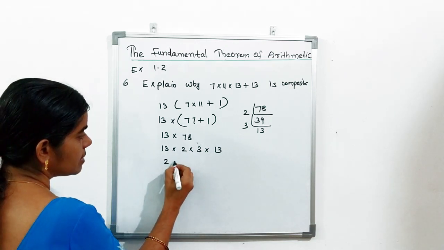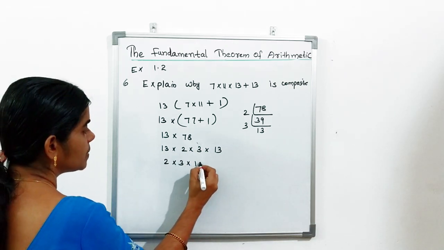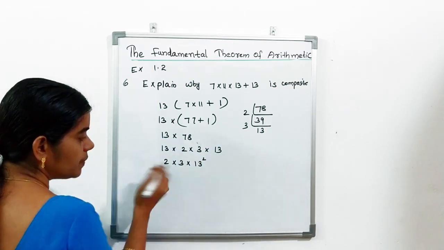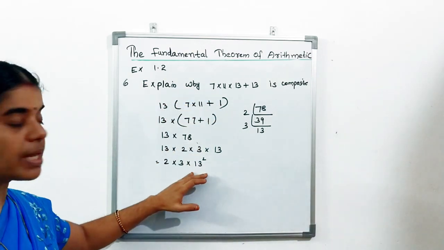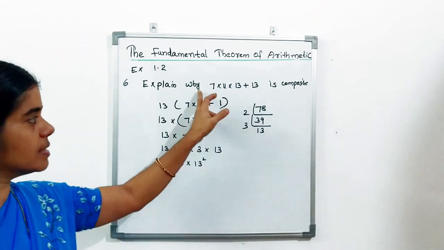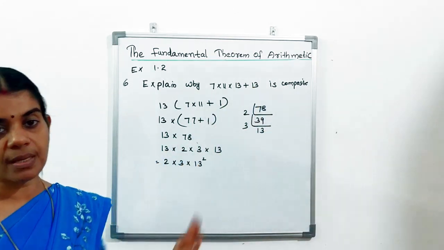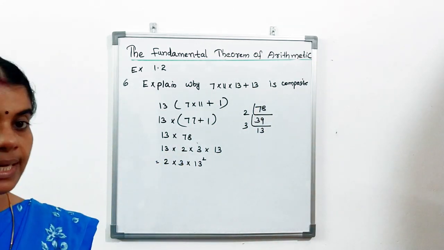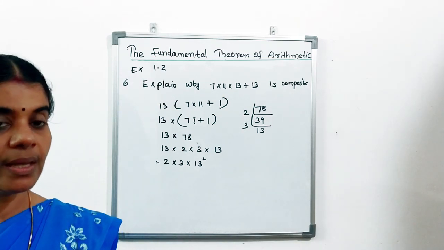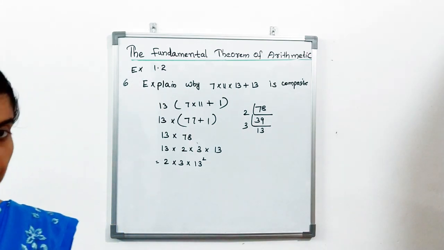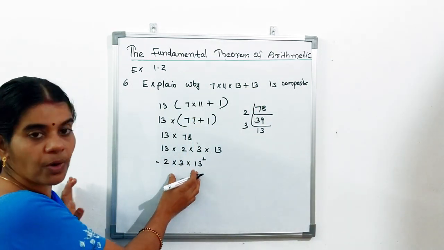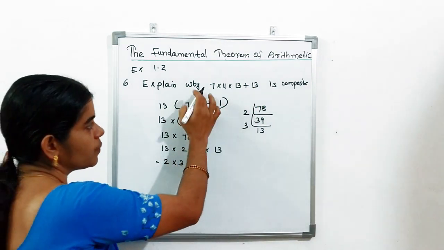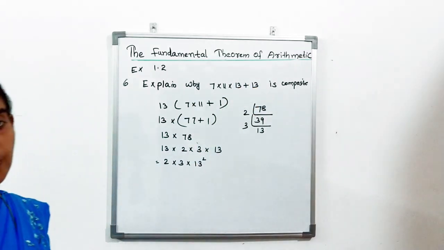Again we can write this as 2 into 3 into 13 square if you want. Therefore, now this number became the product of primes. We have studied every composite number can be expressed as the product of primes. Now this number also became the product of prime numbers. Therefore, the given number is a composite number.